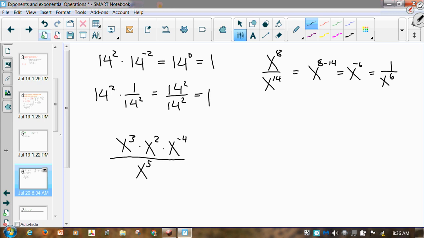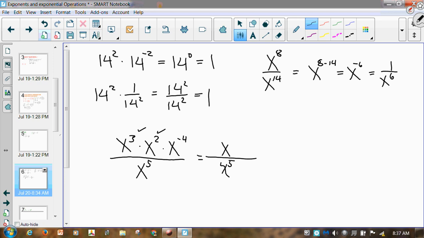That's going to be equal to x to the 3 plus 2 is 5, plus a minus 4, which is just x, x to the 1. Because you've got 3 plus 2 is 5 plus a minus 4 is 1. And then we have x to the 5th.